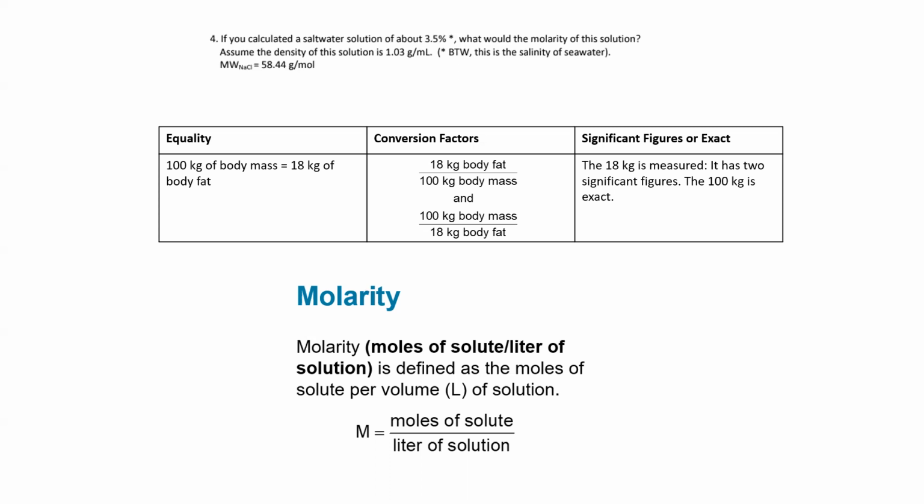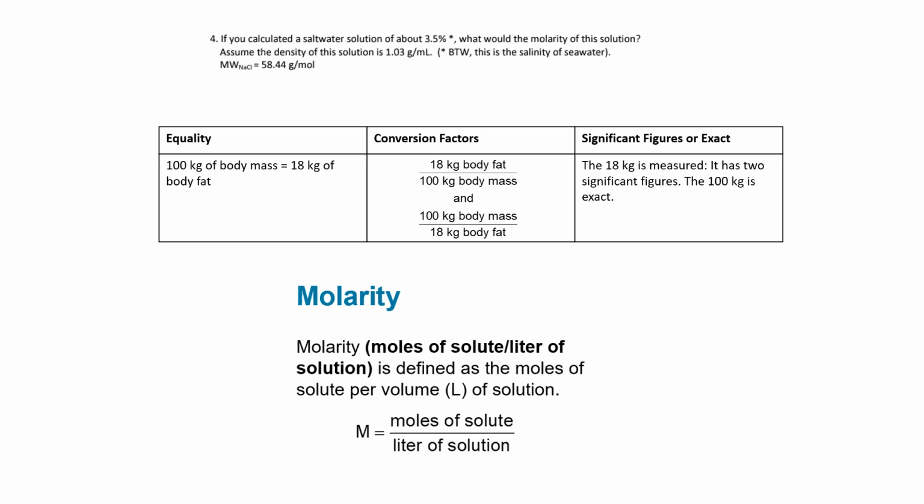So I put this conversion factor table that we saw before when we were looking at somebody who had 18% body fat, and how we were able to express that as 18 kilograms of body fat over 100 kilograms of body mass. Remember that we can express the 3.5% of salt in the saltwater solution the same way.